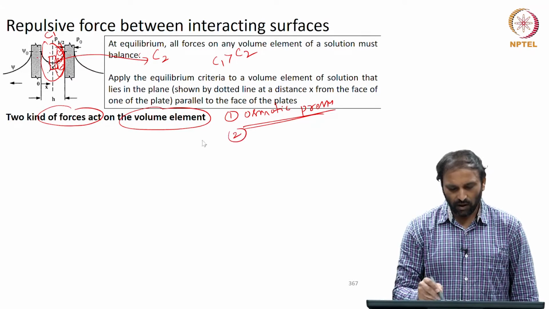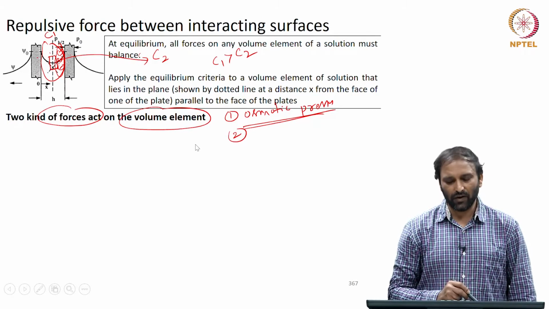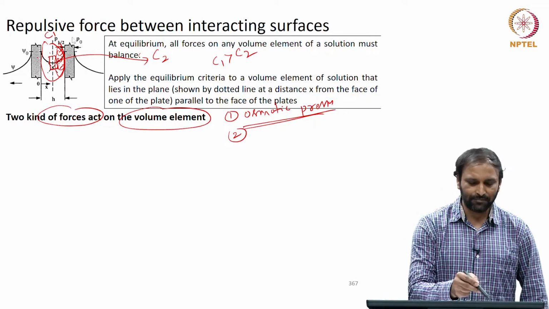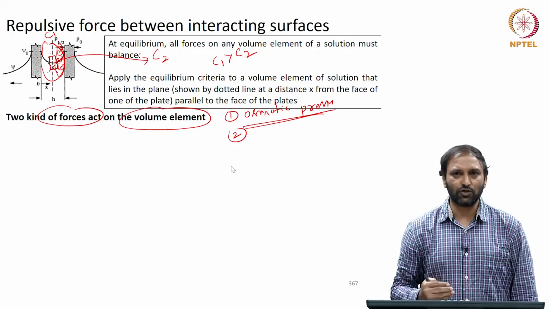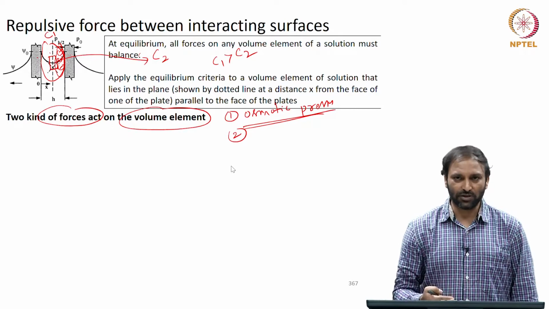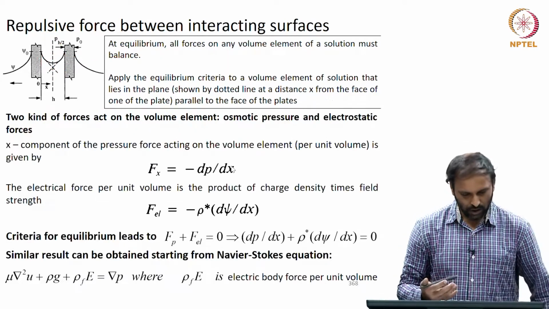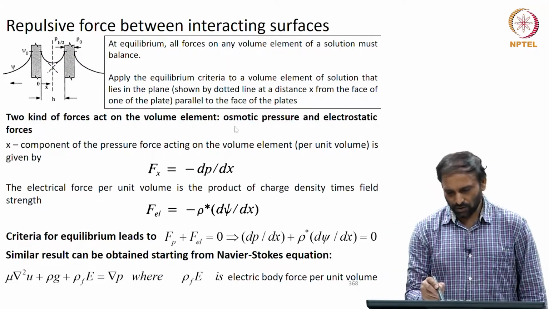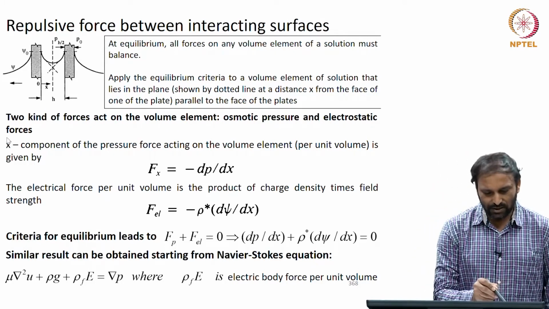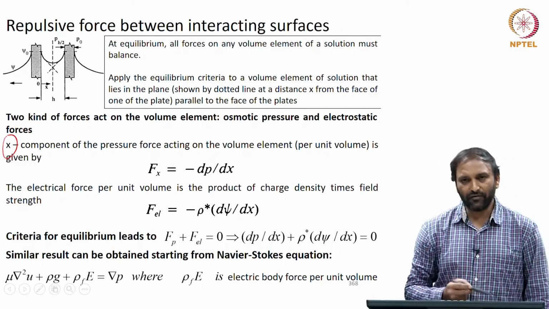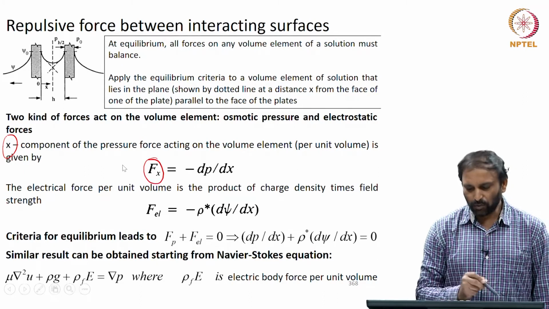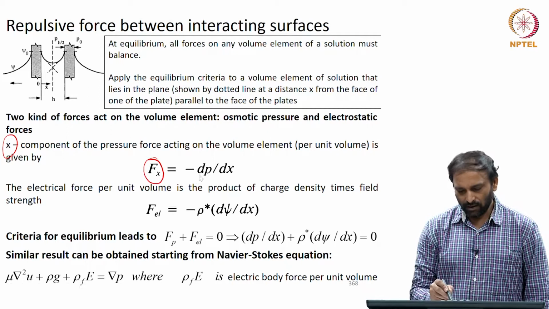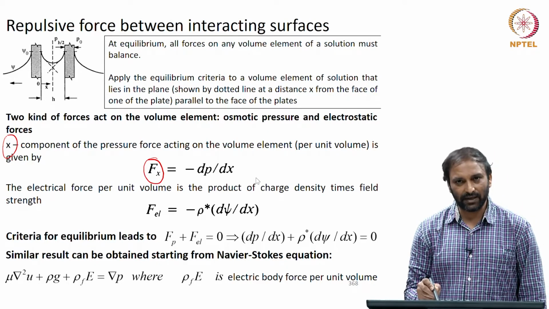And the second force arises because you have charged particles, and because of this there is going to be an electrostatic force that also comes into the picture. So, we are going to consider the x component of the two forces. The x component of the osmotic pressure force is given by minus dP by dx.